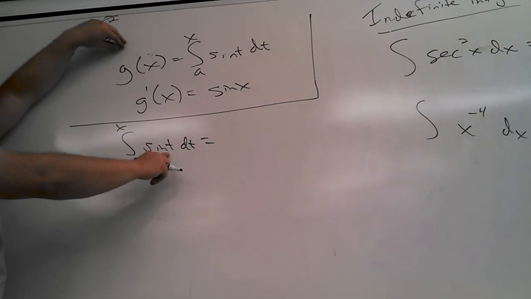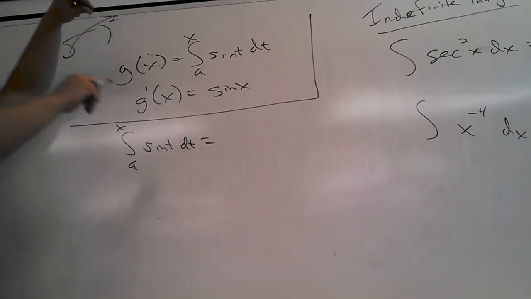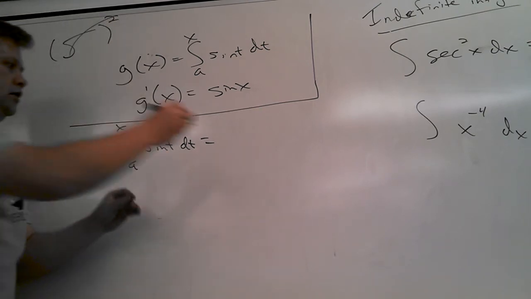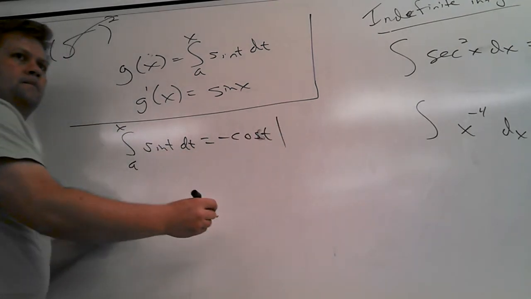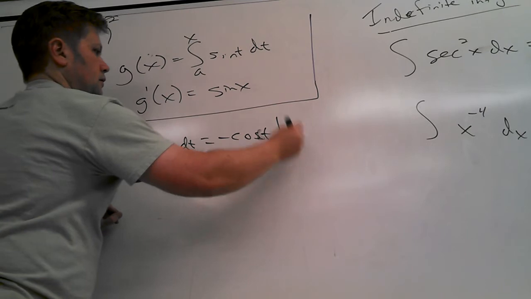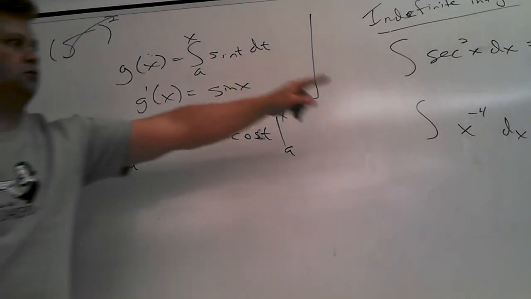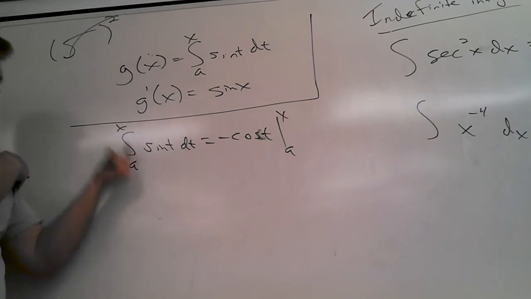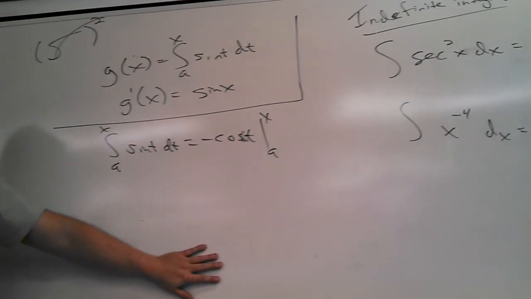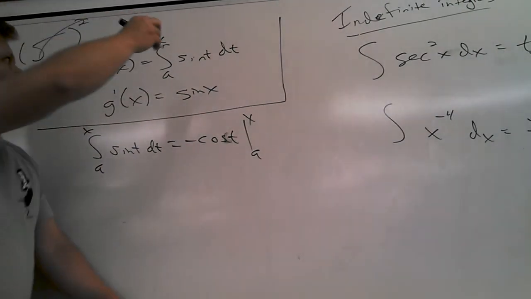So what's the integral of sine? Negative cosine of t from a to x. Now stay with me. Isn't that what we were just doing earlier? Right, and actually we just did it over there sort of, but now we got a definite integral. You guys with me? So you had a good point.